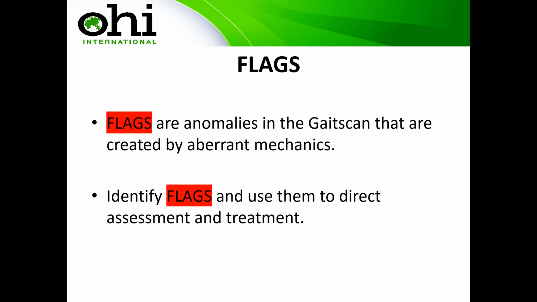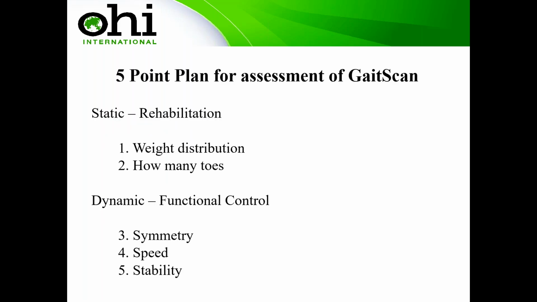Really, we should use GaitScan to identify where we see the flag and then direct assessment and treatment to determine why that flag's there. Hopefully I'll describe that a little bit better as we move on. So I'm going to talk about a 5-point plan for assessment with GaitScan.